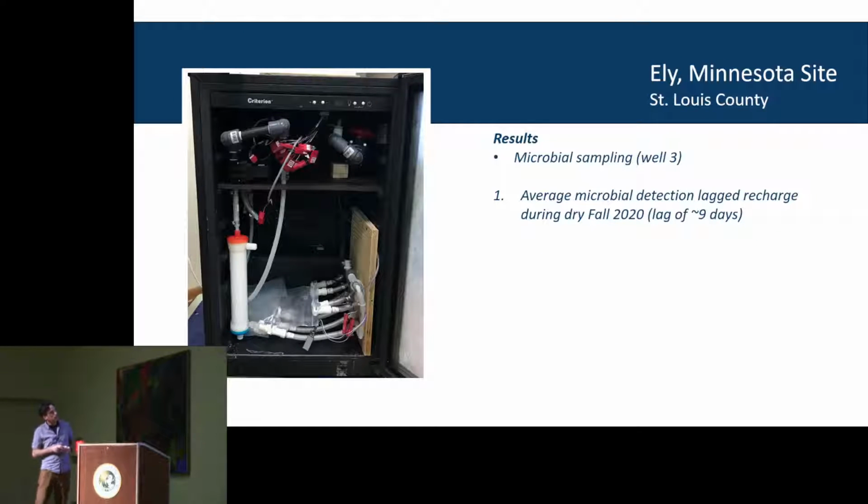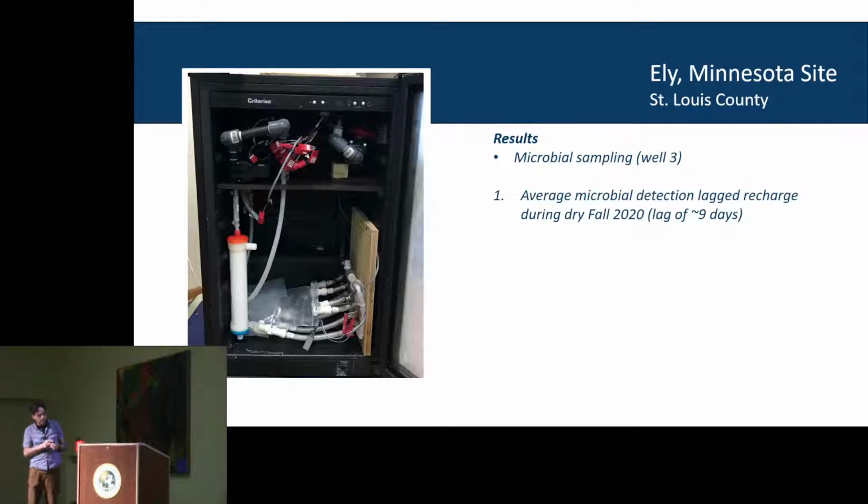And then I'll just briefly go over what Jim and USGS found with their microbial sampling. When they first installed this equipment in the fall of 2020, it was a really dry period. There was a deficit in precipitation. And so these were set to trigger only after precipitation events of a certain threshold, which I don't know offhand. During those precipitation events, there was a fairly long recharge.